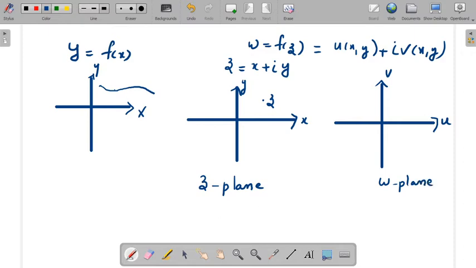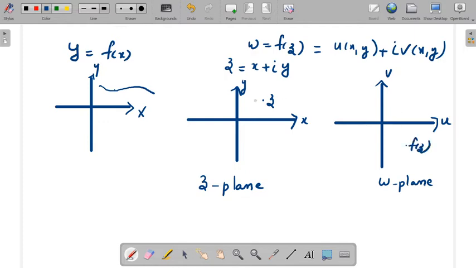So in the way we have drawn the graph of a real function y is equal to f of x, it is impossible to draw the graph of the complex function w equal to f of z. Because when z takes a value here, what we can say is the corresponding value of f of z, that is w, in this plane, will be somewhere here.